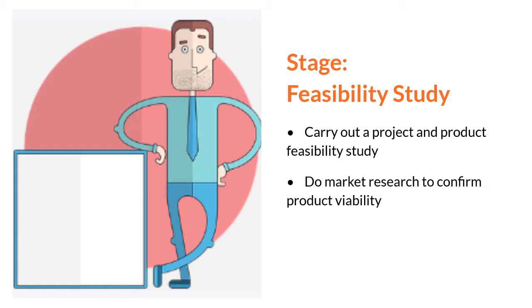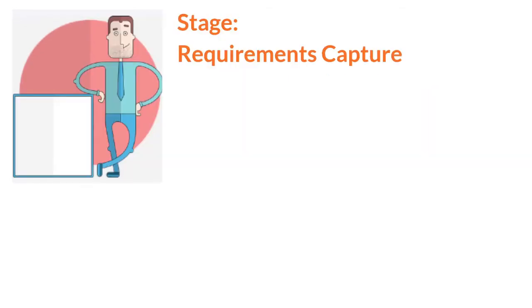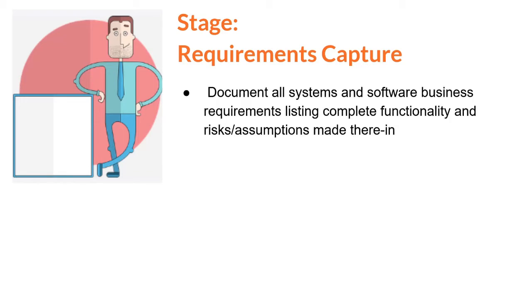Okay, next stage is requirements capture. In this stage we capture all of the requirements and functionality that are needed from the new system that's going to be built. So we do this formally and we document everything, and we get all of the different stakeholders involved, including the business management, including the IT teams, and including the end users of the system, the customers and the customer groups.